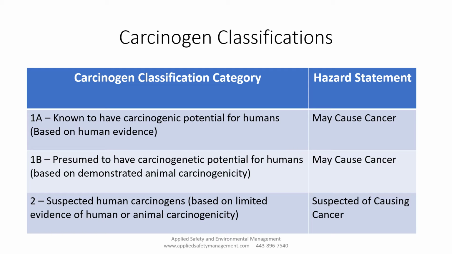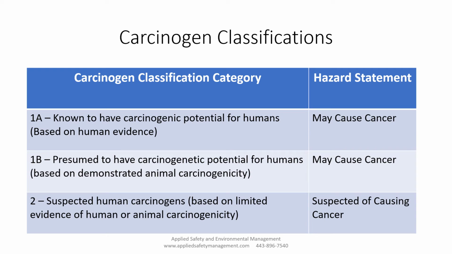So now we switch gears and look at the three carcinogen classification categories that are out there. On the SDS sheet, it'll say carcinogen, and it may say 1A, 1B, 2, or it could even say 3, 4, and 5. Let's just talk about the ones that they have to put on there. Category 1A is known to have carcinogen potential for humans, and this is based on human evidence.